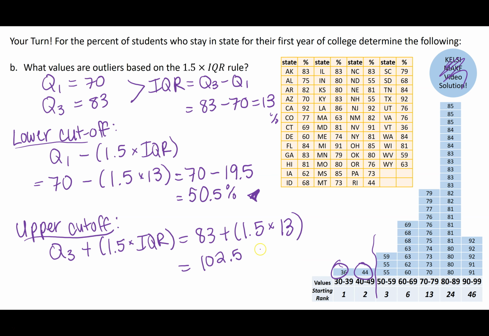You can't go over 100, because what we're saying is, of all first year college students from this state, what percent of them stayed in state? You can't have over 100% stay in state. So we know we won't have outliers on the high end.